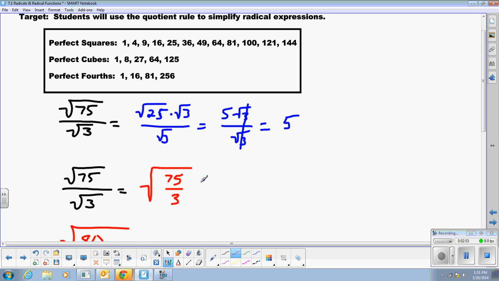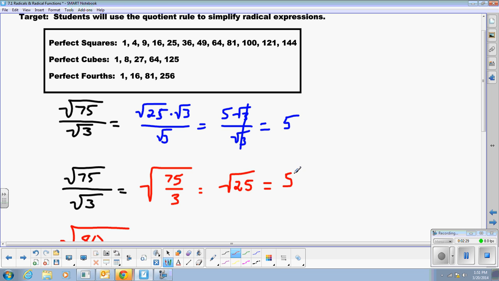So what I can do is simplify inside the square root symbol or the radical sign first, and then I can do the radical. Doesn't matter which way you do it, it will work. So now, what is 75 over 3 equals? 75 divided by 3, well, that's 25. So I can rewrite this then as the square root of 25. And the square root of 25 is 5.